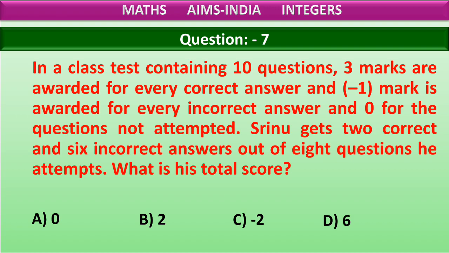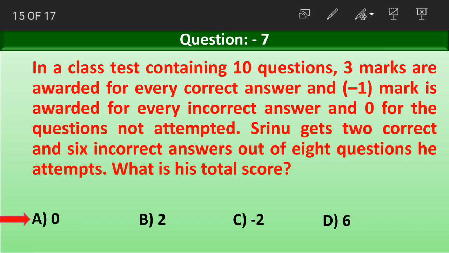Okay, yes. Now the correct answer here is 0. Now how did this come? We take 3 for correct and -1 for a wrong answer, right? He attempted 8 questions in which he got 2 correct answers.